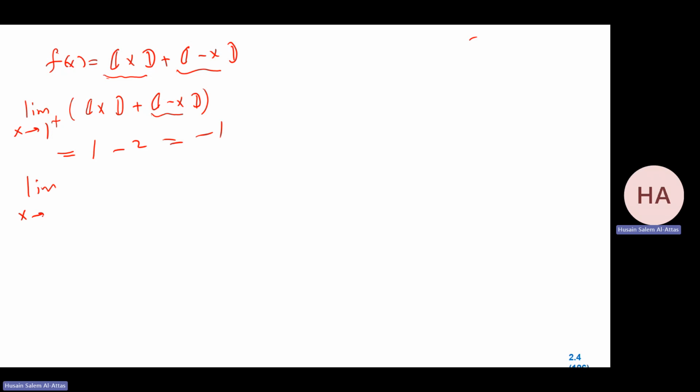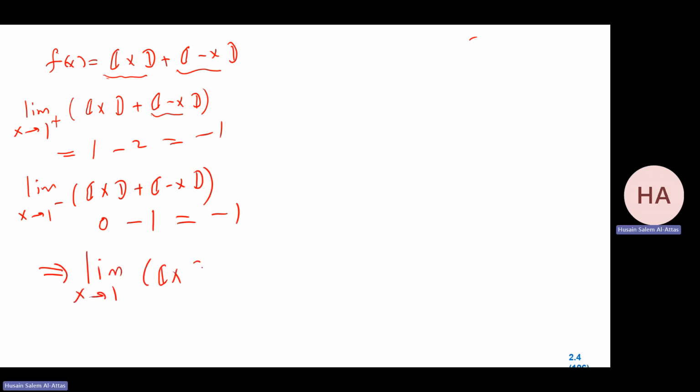What about from the left? That gives me what? 1 minus 2, which is minus 1. That means the limit as x goes to 1 of this function will be what? Minus 1. So the limit exists.